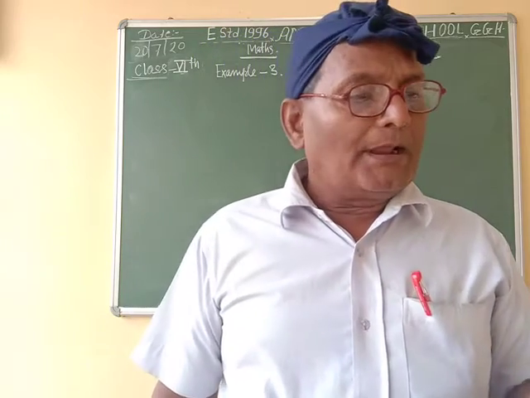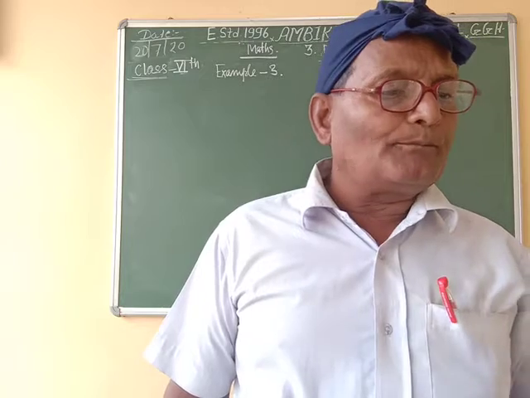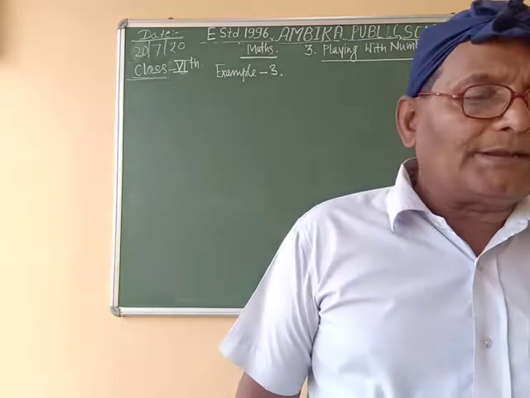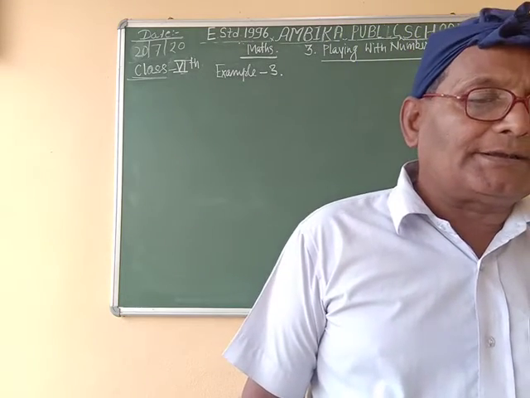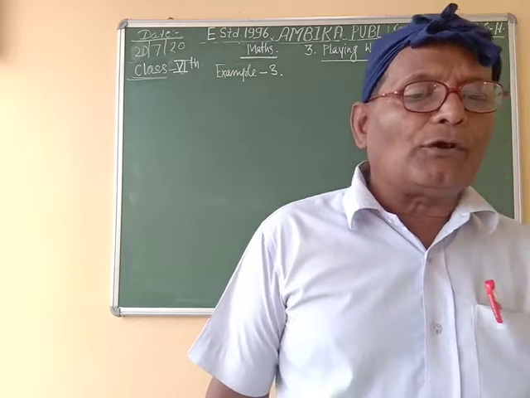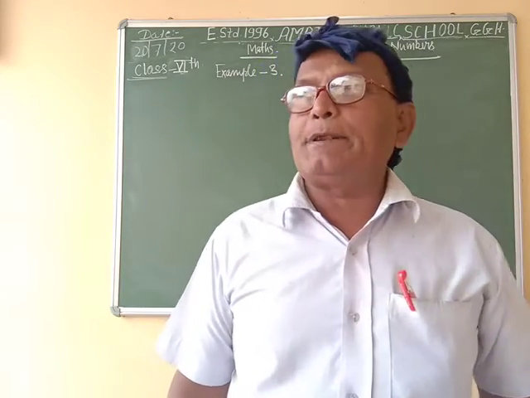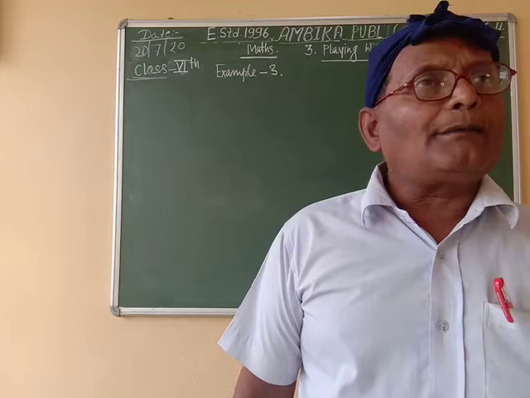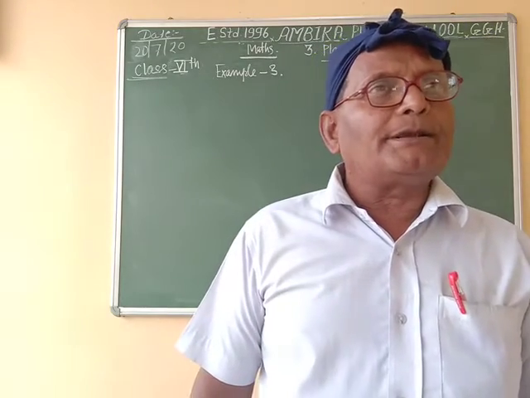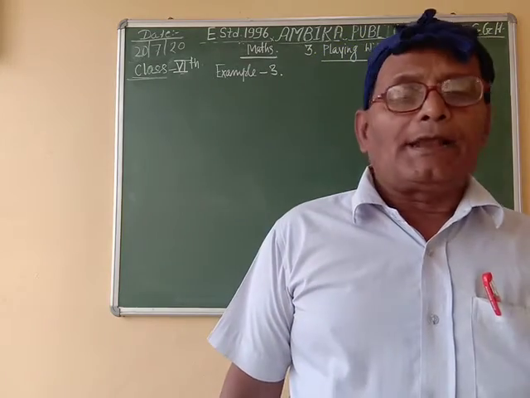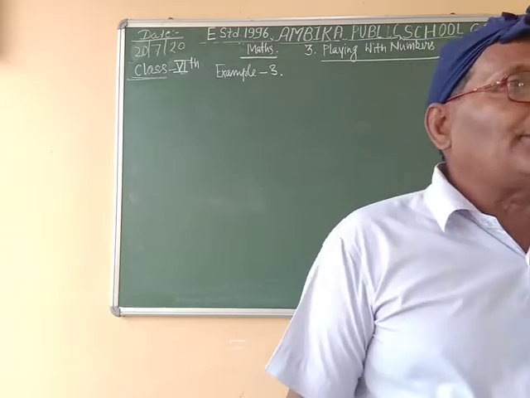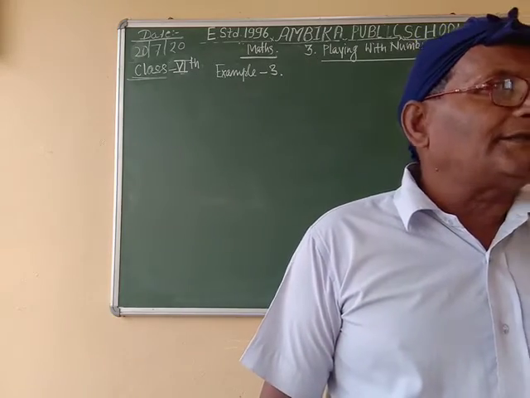And in example 3, the question is: using divisibility tests, determine which of the following is divisible by 6. We have learnt that a number is divisible by 6 if it is divisible by both 2 and 3.